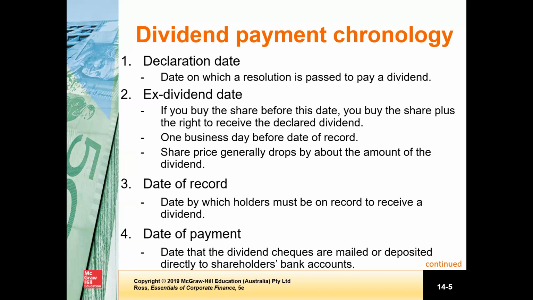Based on its record, the company prepares a list. On the date of record, the company will see who are the shareholders. They are the holders of record, and the company will pay dividend only to those shareholders who are the owner of the shares on the date of record.